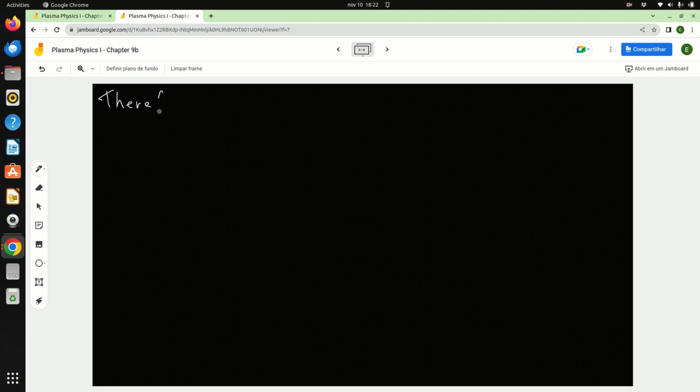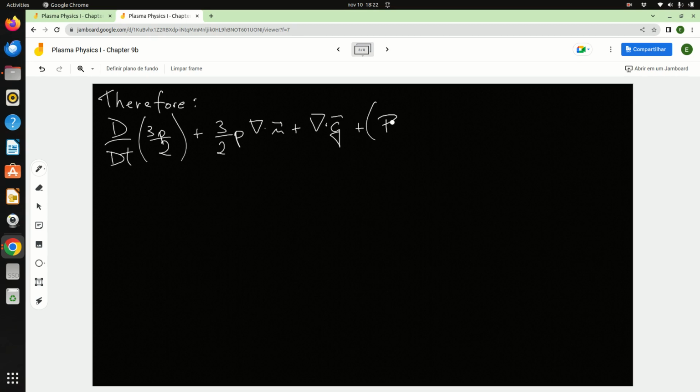Therefore, finally, d/dt of 3p/2 plus 3/2 p nabla dot u plus divergence of q plus pressure nabla dot u is equal to J prime dot E prime. This is our energy equation.